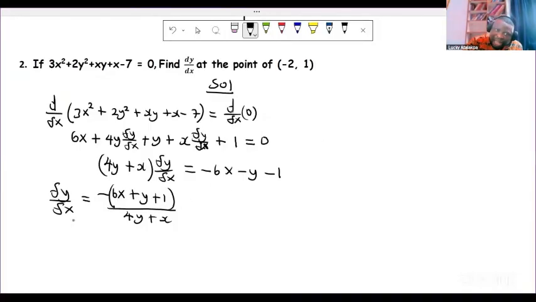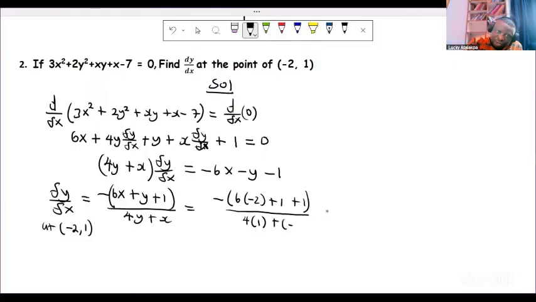So at minus 2, comma 1, this is our x, this is our y. So anywhere I see x, here I will put minus 2. Anywhere I see y, I will put 1, then plus 1 over 4y, that's 4 times 1, plus minus 2.